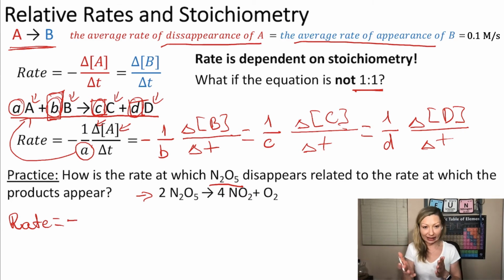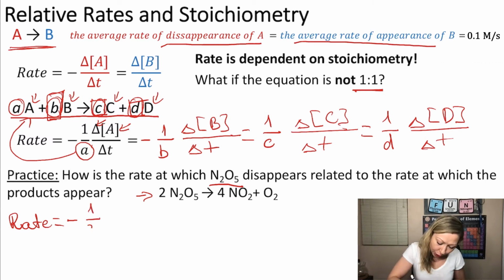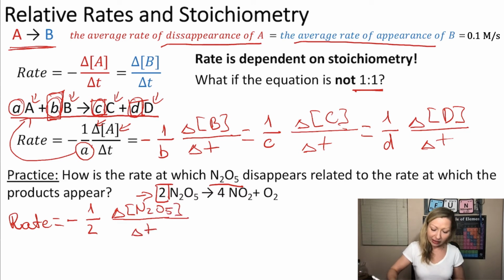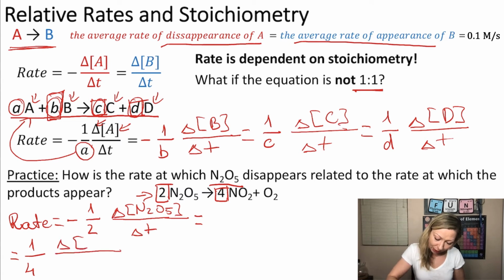Because this is a reactant, 1 over 2, because 2 is my coefficient right here, multiplied by the change in concentration of N2O5 divided by the change in time. And then this should equal 1 over 4, because I have a coefficient of 4 right there, multiplied by the change in concentration of NO2 divided by the change in time.